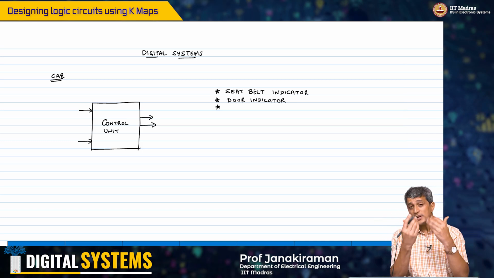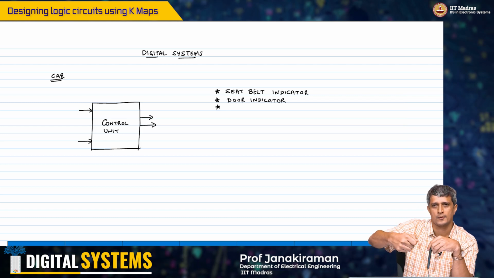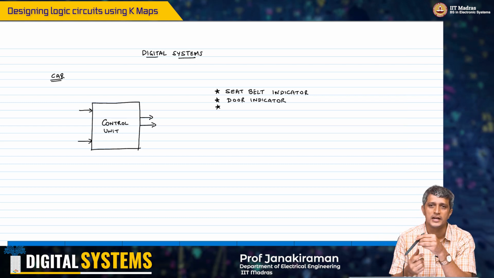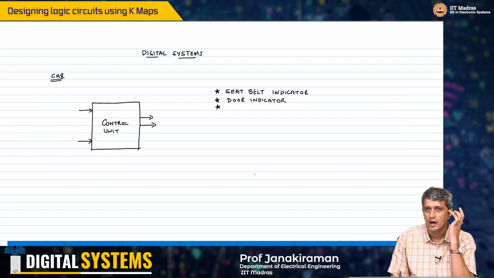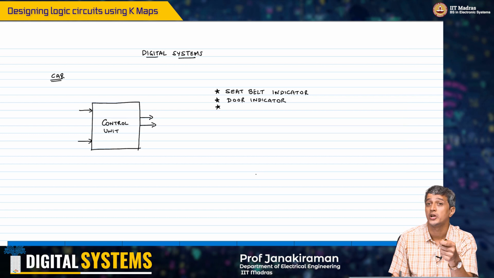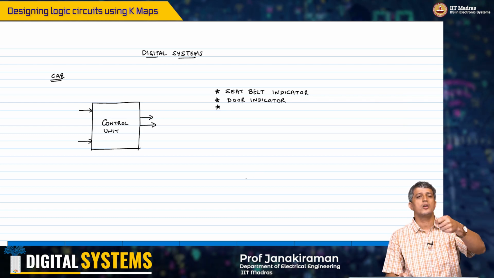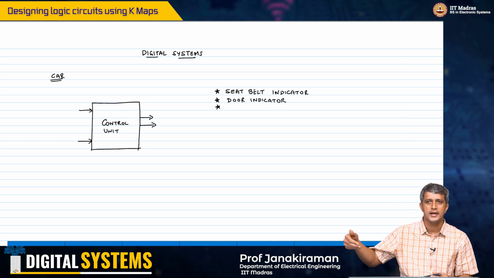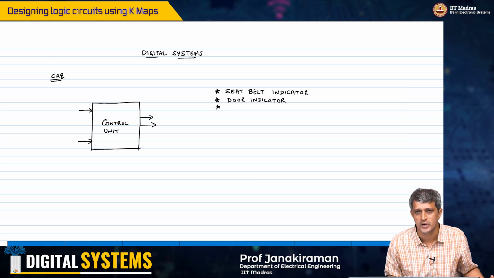Now the implicit thing in this is, you go ahead and switch on the car, but you have not turned on the ignition. So all these checks need to kick in only when the ignition is on. When you just turn on the car, it's okay because you might be getting into the car, people might be keeping their luggage inside, and you will not be wearing your seat belt at that point.